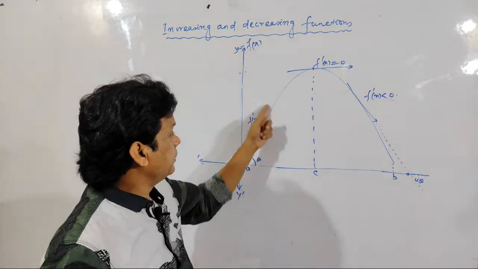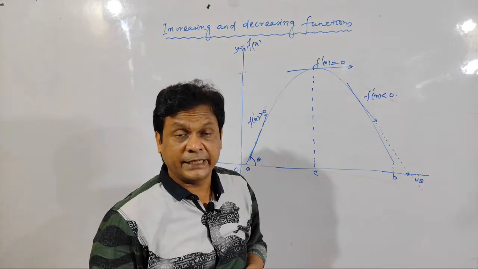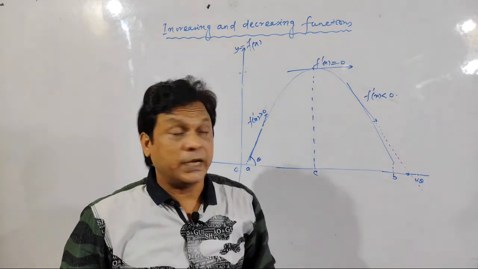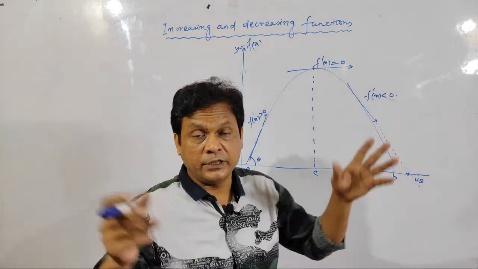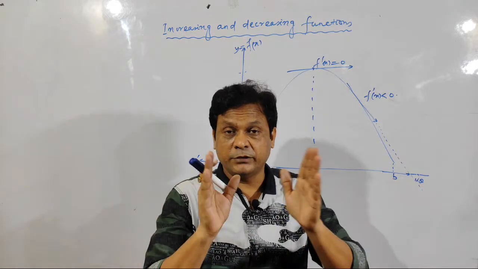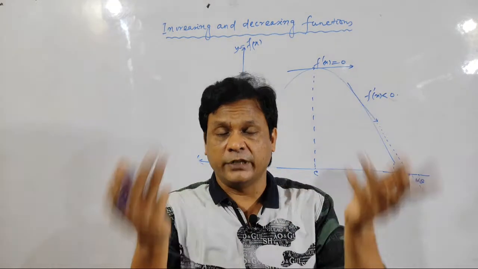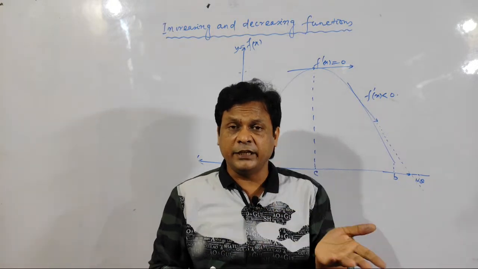If the derivative is positive, then it is increasing, and if the derivative is negative, it is decreasing, and if the derivative is equal to 0 at that particular point, that means corresponding to C, the curve is neither increasing nor decreasing. If the derivative is positive, it is increasing. If the derivative is negative, it is decreasing.